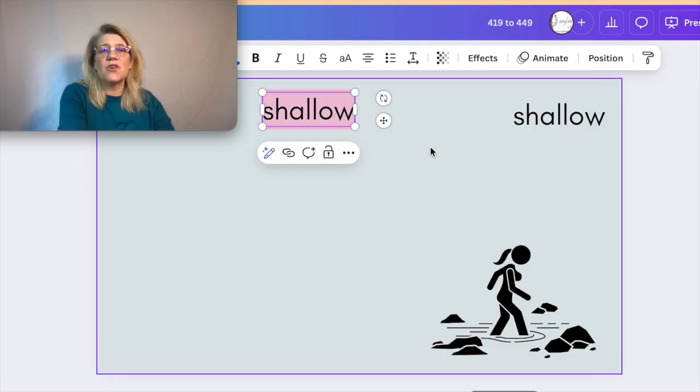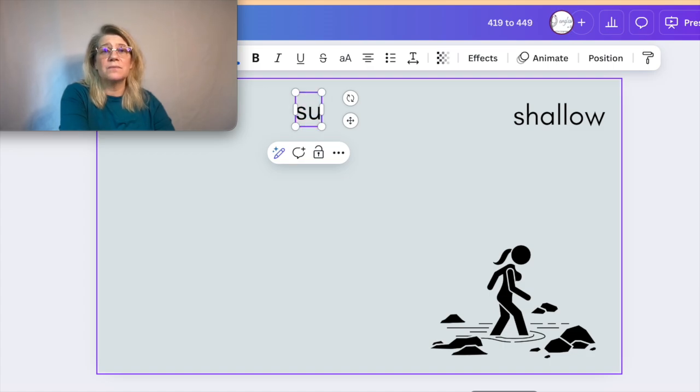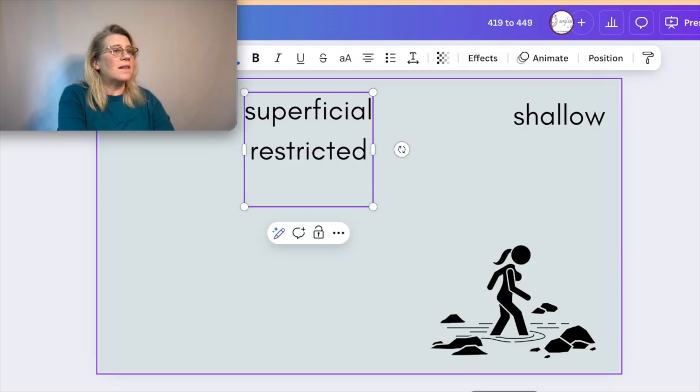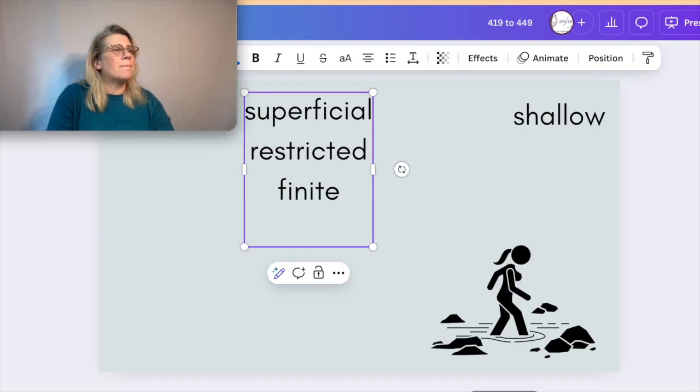Shallow can also mean superficial, restricted, finite. We often talk about people being shallow. If a person is shallow, then there's not a lot there.